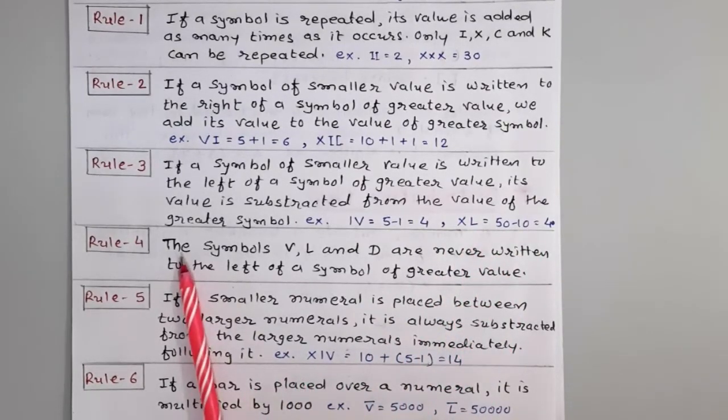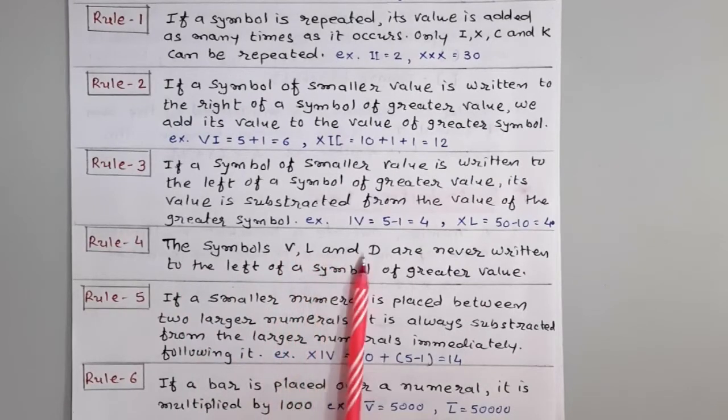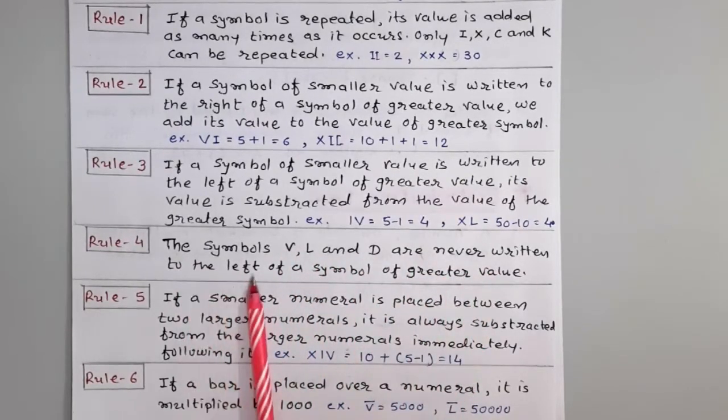Rule number 4: the symbols V, L and D are never written to the left of a symbol of greater value. Rule number 5: if a smaller numeral is placed between two larger numerals, it is always subtracted from the larger numeral immediately following it.